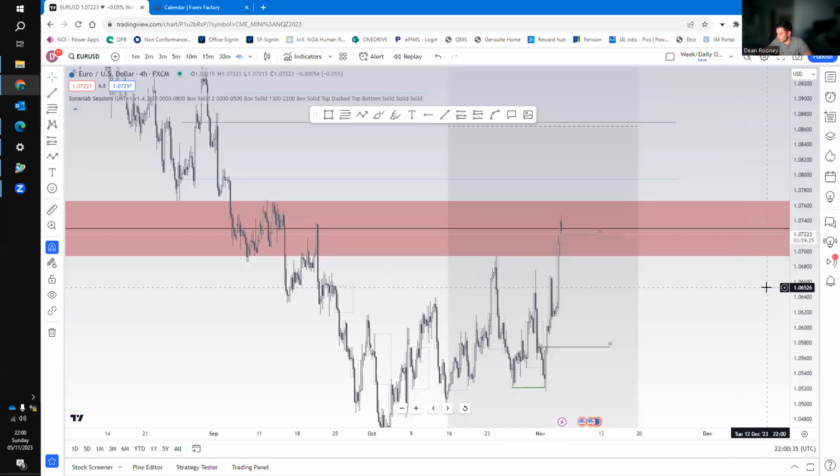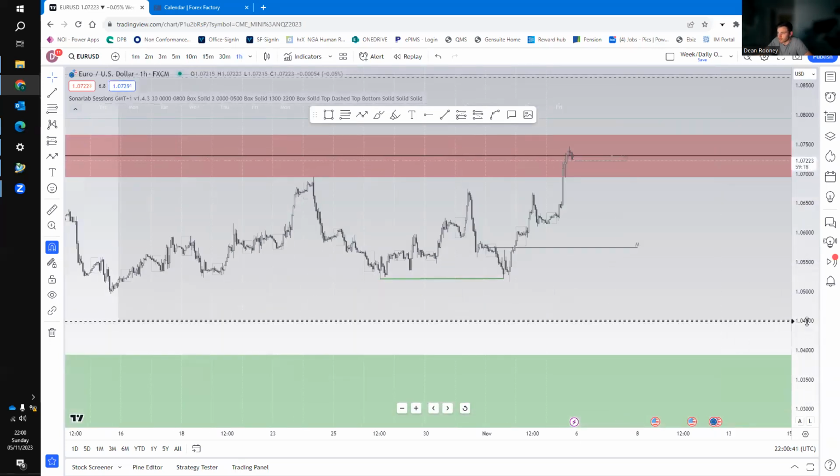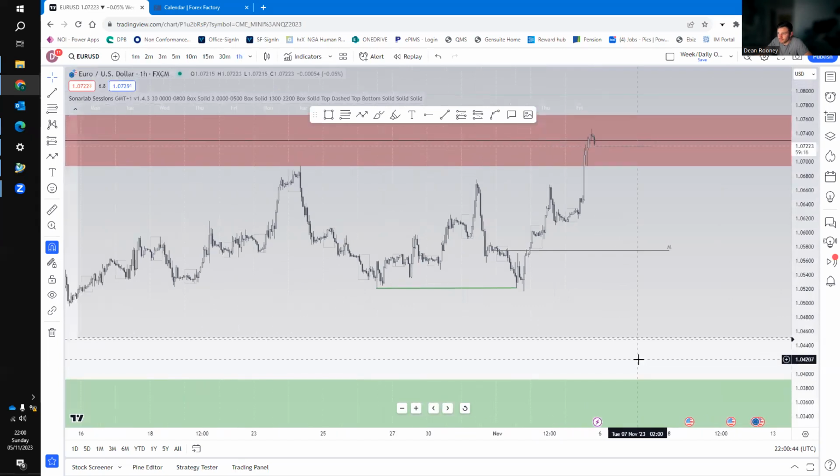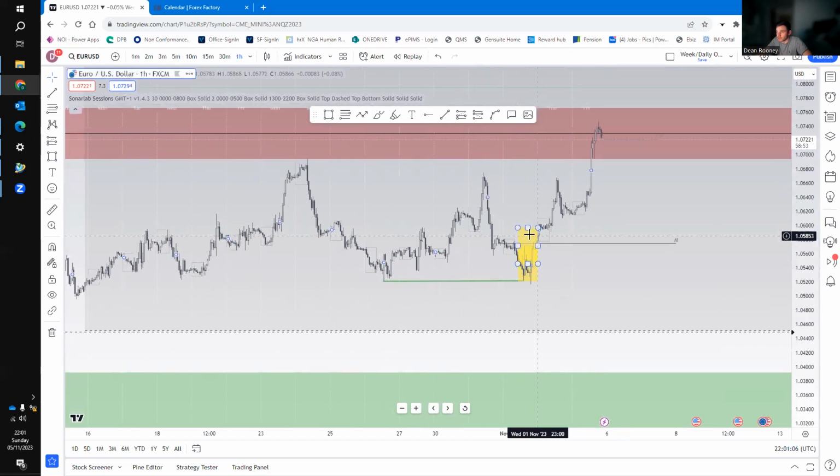If I go in now to, let's say, a 60-minute chart, something that I'm looking at is a market maker sell model. In here, there's a bit of consolidation, accumulation. So if I just mark this up, I'll take here, make that yellow, and then original consolidation, I'll copy, paste, and take this up to here.